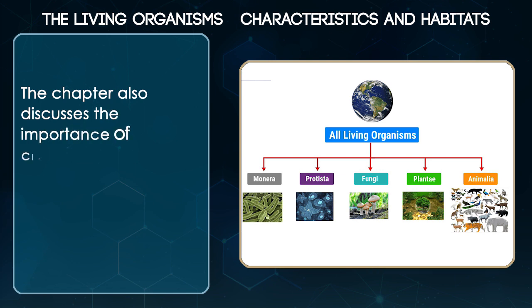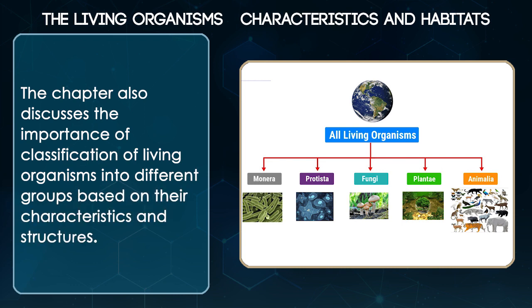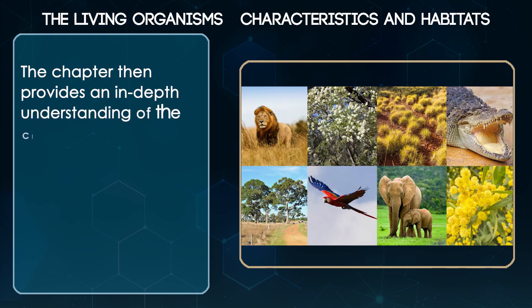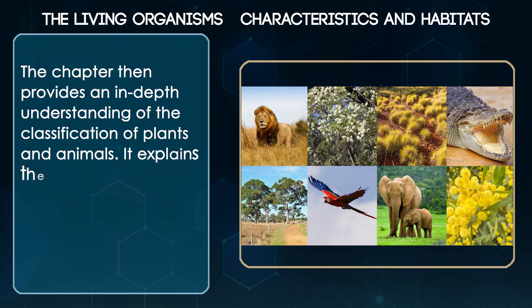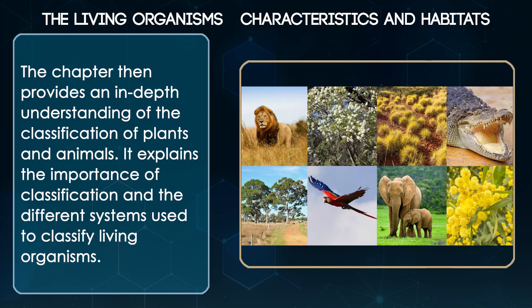The chapter also discusses the importance of classification of living organisms into different groups based on their characteristics and structures. The chapter then provides an in-depth understanding of the classification of plants and animals. It explains the importance of classification and the different systems used to classify living organisms.